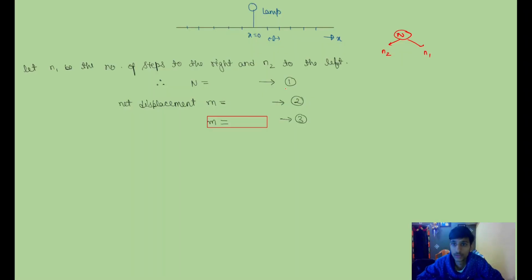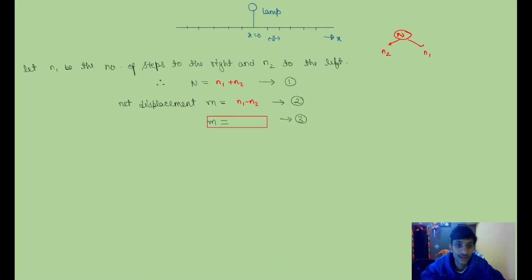So what does this mean? The sum of these two, n1 plus n2, will be the total number of steps, right? Now, the next step: the net displacement. Of course that will be n1 minus n2. This n1 minus n2 could be positive or negative.